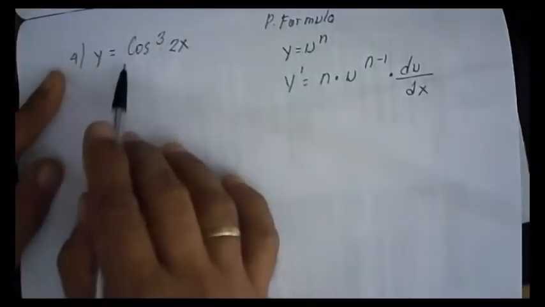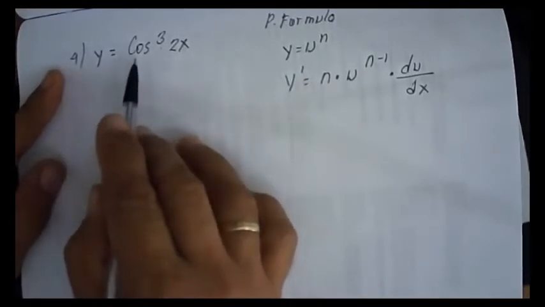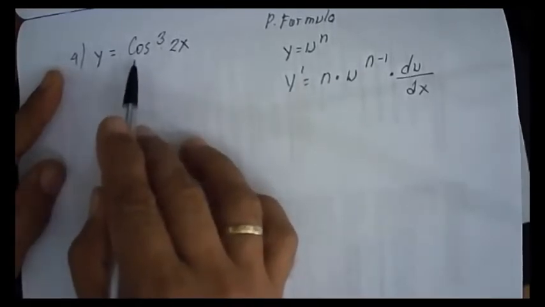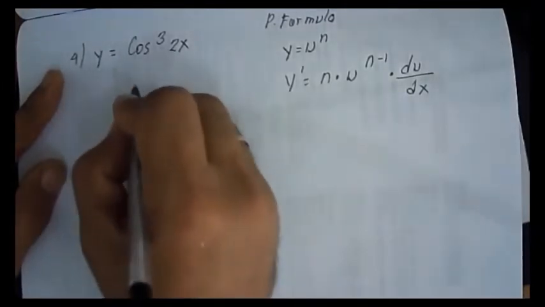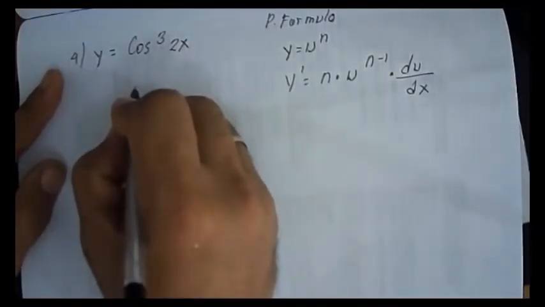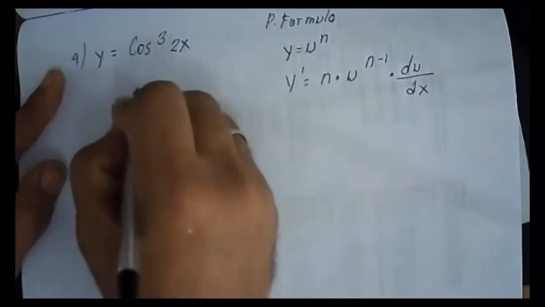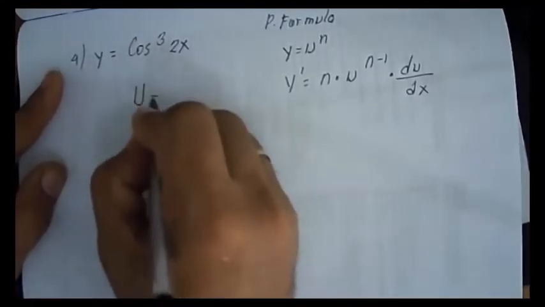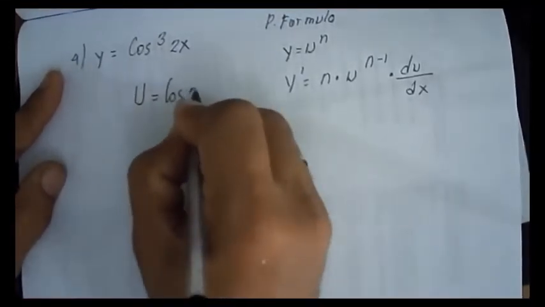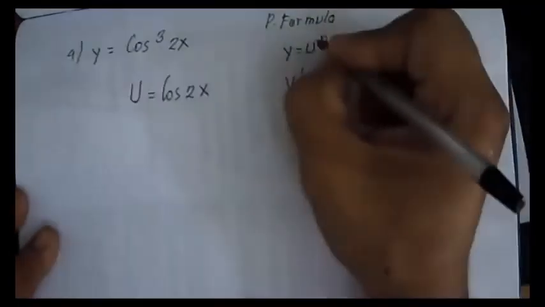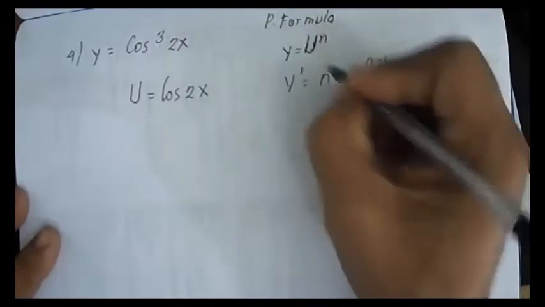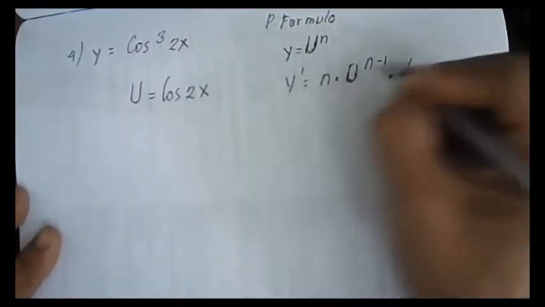So, pag titignan po natin, yung equation po natin dito, y is equal to cosine cube 2x. Ibig sabihin nun, ipalagay natin, yan natin na malaking u ito, no? Our u will be cosine 2x. Okay? Ilagay na natin capital letter ito.